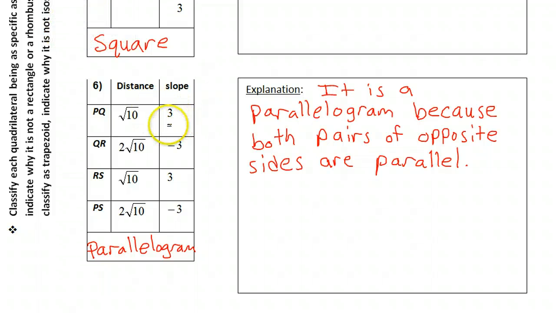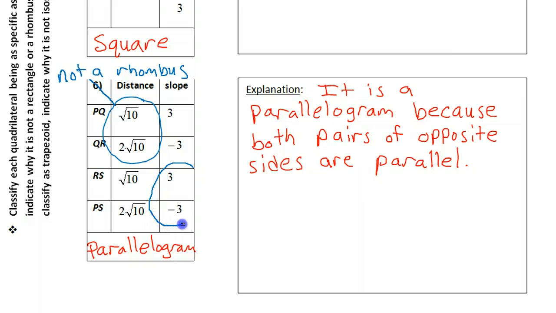And I personally think that's quicker. This is the part that tells me that it's not a rhombus, because these are not the same. So I can just circle these and say not a rhombus. If this were a rhombus, these would be congruent.